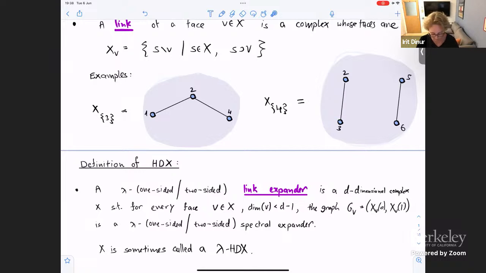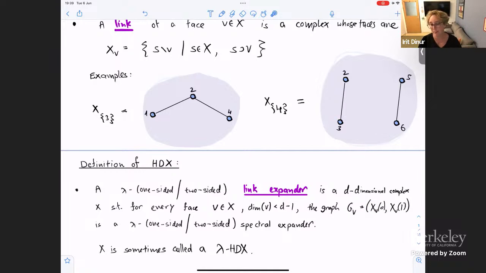So if the complex is d-dimensional, we only look at V's whose dimension is d minus 2 or less. And then once you fix this face V, you look at the link of V, X sub V, which we just defined. And X sub V can be a higher dimensional complex. It's not necessarily a graph, but I can look at the vertices of X sub V. This is denoted X_V(0). So these are basically just the neighbors of V.